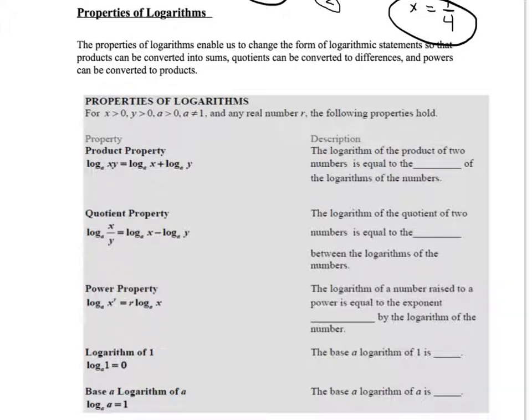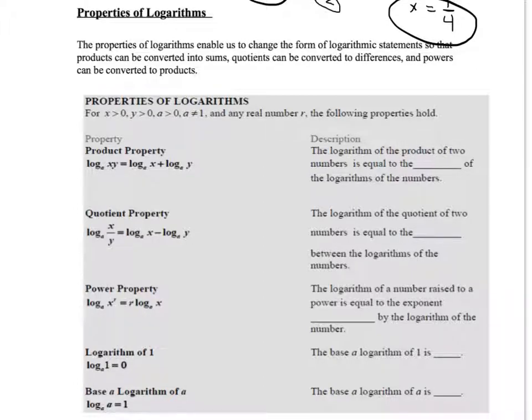In fact, because exponential form can be written to be equivalent to logarithmic form, all the rules that apply for exponents are also going to apply for logs. The challenge becomes, because the forms look different, do we recognize what those rules are going to look like? So let's run through a few examples here to make sure these properties would make sense to you.